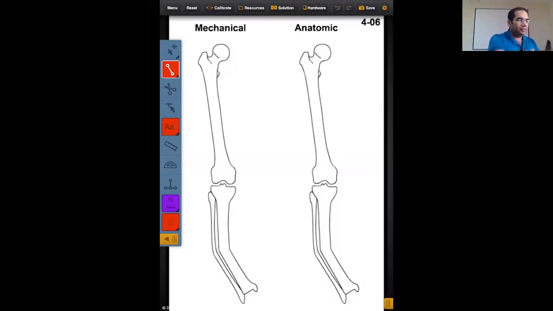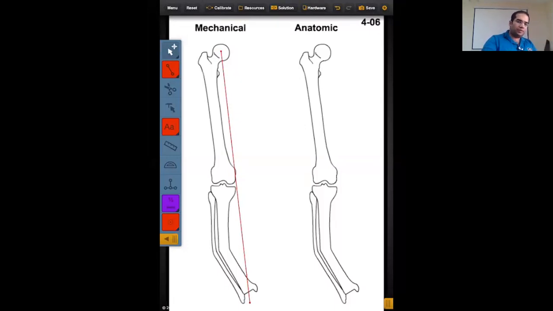How do we proceed? First, we draw the mechanical axis of the limb, starting from the center of the femoral head to the center of the ankle joint.